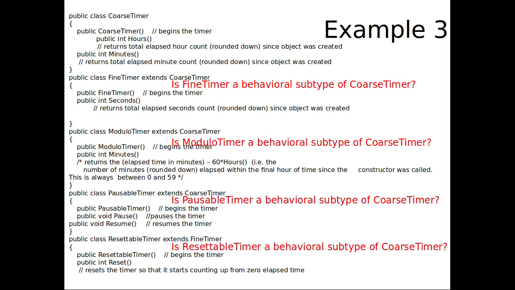And yes, if they didn't anticipate subtypes that would have certain liberties, like they could be paused, or stopped, or reset, then basically the people who created course timer didn't give subtypers the freedom to create a broad set of subtypes in a way that wouldn't be risky to people who are already using course timers.